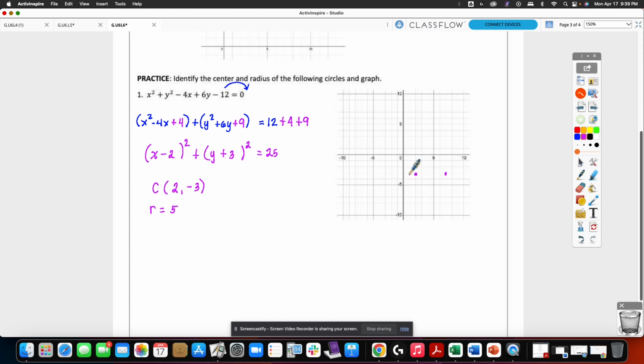And then to the left, 1, 2, 3, 4, 5. 5 units up, 1, 2, 3, 4, 5. And then 5 units down, 1, 2, 3, 4, 5. And then you connect this by a smooth curve and you have the graph of the circle.